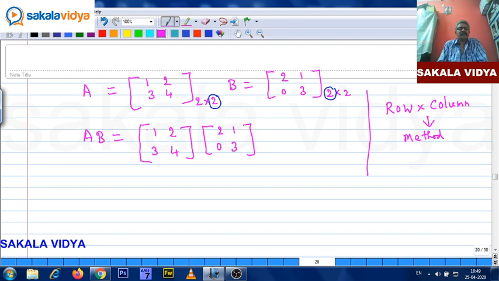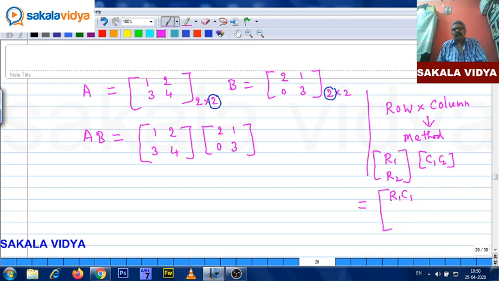For example, this is row 1, row 2, and this is column 1, column 2. So here we get C: first row 1 into column 1, next row 1 into column 2, row 2 into column 1, row 2 into column 2. This is the pattern to be followed here.